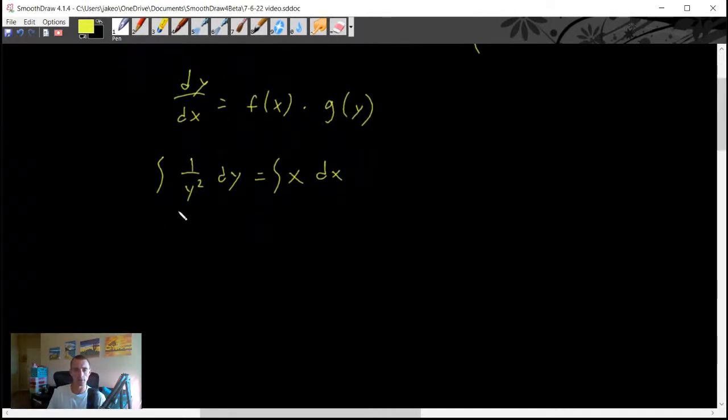So looking at this left side here, we have a dy, which indicates to us that we need to integrate this function with respect to y. We want to treat y as our variable for now, just in this integration step. The dy and the dx are basically just indicators telling us what variable we're integrating with respect to. So this is exactly why we wanted to be able to separate our y's and our x's, because now we have a situation where we're integrating the left side of our equation with respect to y, because we have this dy indicator over here, and the function that we're integrating only has y's in it.